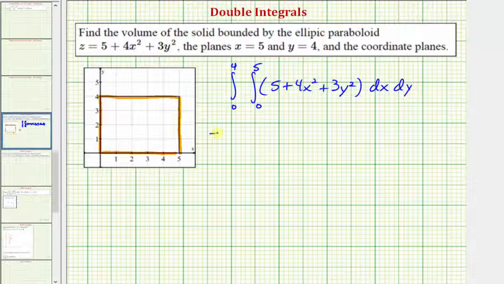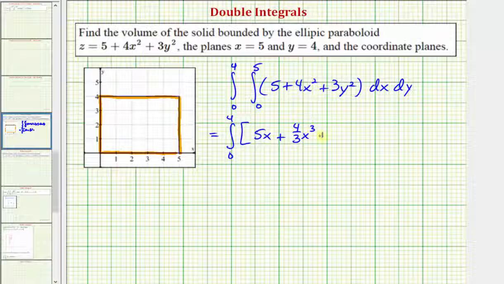So now we integrate with respect to x, treating y as a constant. So we'd have 5x plus, here we'd have 4 times x to the third divided by 3, or 4/3 x cubed. And then we integrate 3y squared, we're treating y as a constant. So we have 3y squared times x, or 3xy squared. Now we evaluate this antiderivative at 5, then 0, and then find the difference.